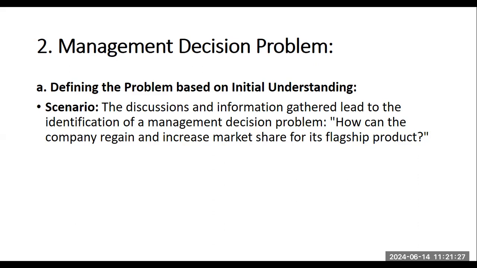By thoroughly understanding the environmental context, clearly articulating the management decision problem, and refining the marketing research problem, researchers can design and conduct studies that provide actionable insights. This iterative process ensures that the real issues are addressed, leading to more effective marketing strategies and decisions. So that is the starting point.